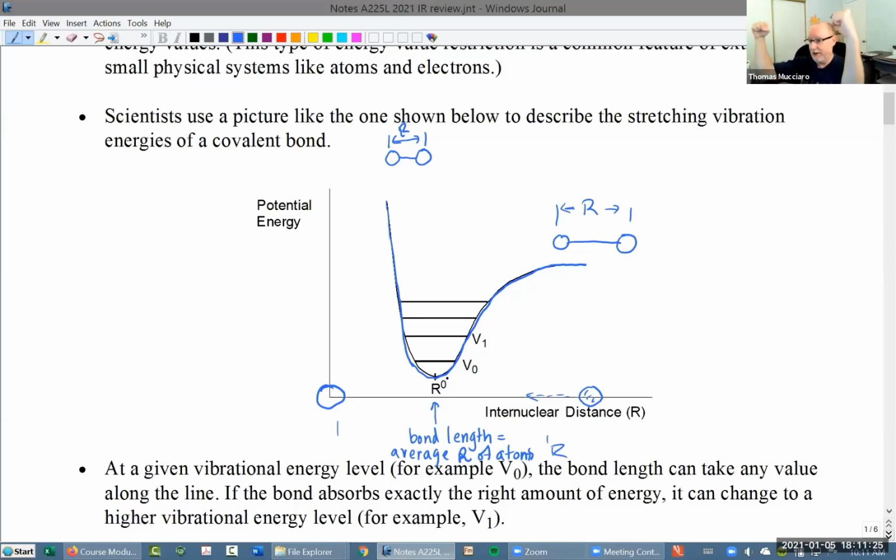So they start here at the high energy, they're not moving. They start moving together, they're moving really fast. That means they move past that perfect distance. They move together, and as they move together, they start pushing each other apart, which slows them down, but increases their potential energy again until they get to that same high potential energy they started with.